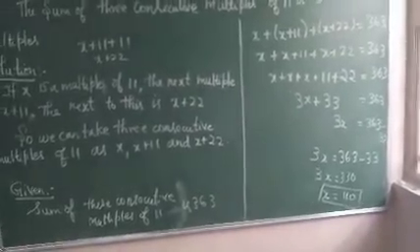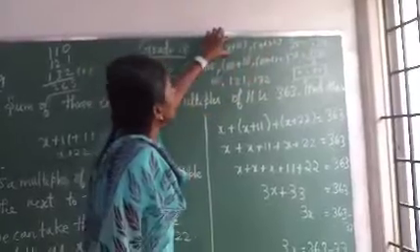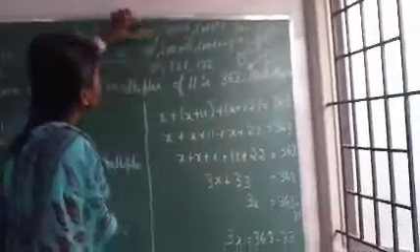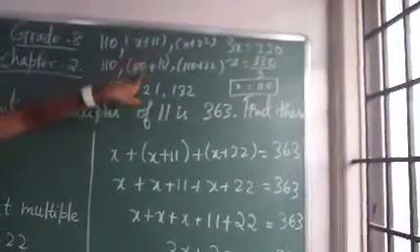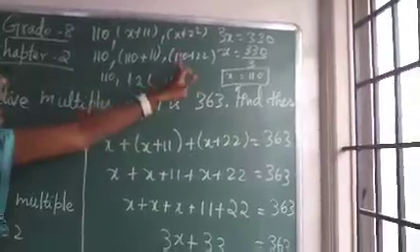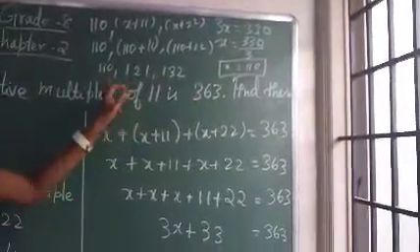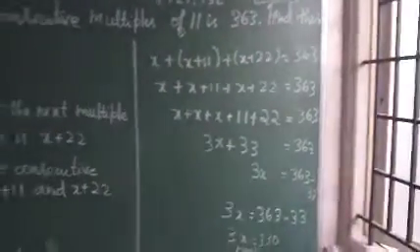For this you substitute the value of x in x plus 11 and x plus 22. ஏனா இதத்தான் நம்ம second multiple and third multiple consider பண்ணிக்கிறோம். First multiple நமக்கு தெரிஞ்சிருச்சு. So இத substitute பண்ணும்போது 110 plus 11 you will get 121. 110 plus 22 you will get 132. So இதுதான் final answer. So இது எல்லாத்தையும் add பண்ணும்போது நமக்கு 363 வருது. So this is your final answer.